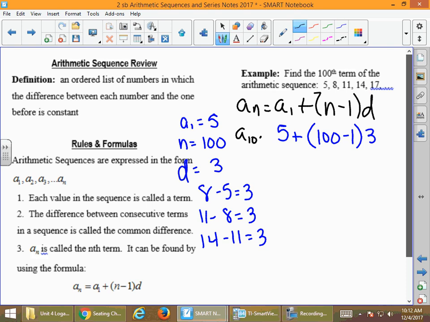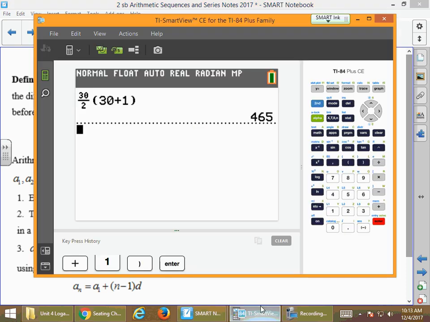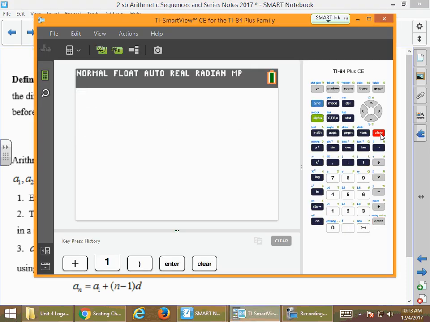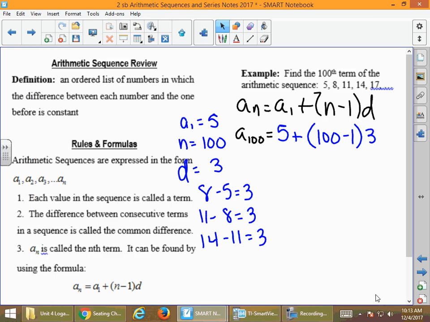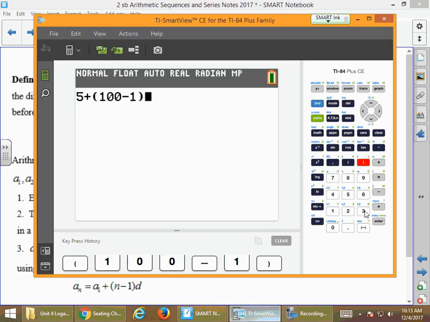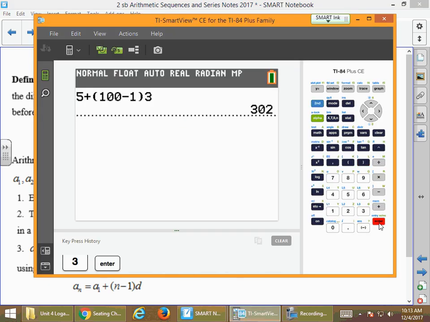So this is going to give us the 100th term. The nice thing is, if you want to, you can take your calculator and type it in: 5 plus parentheses 100 minus 1 times 3. And we get 302.